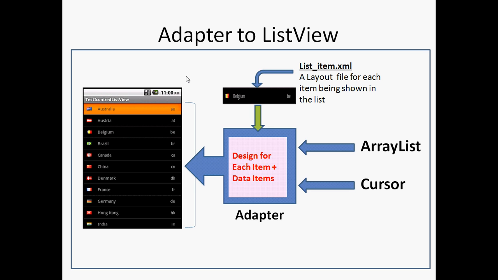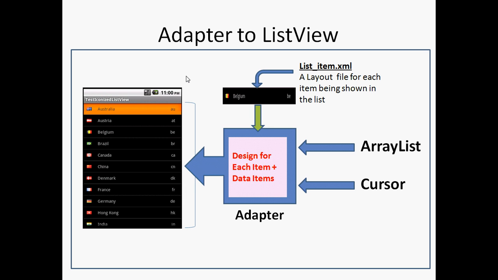So the design of any particular item shows three columns. These three columns must be designed in a particular XML file. Here that will be a list_item.xml file.